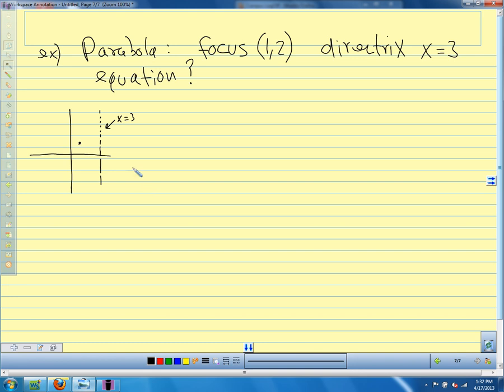So is this parabola going to open left or right? Has to open left. The focus is inside the parabola, so we know that it opens left. So we know already that our parabola is going to look like this.